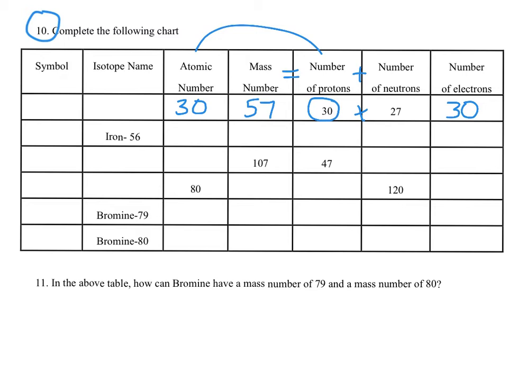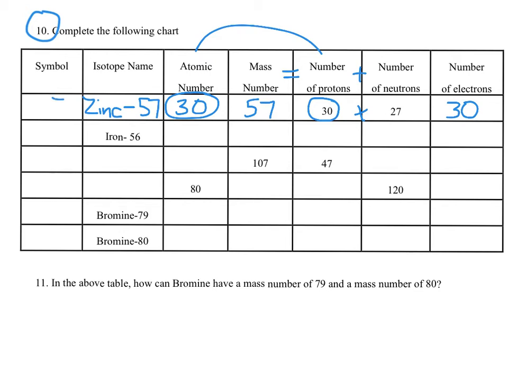Nice. Now that we figured all that out, we can start naming this object. Since the atomic number is 30, I'm going to look on the periodic table to find element 30. Element 30 on the periodic table is zinc. And when I write its name, I'm going to write zinc with its mass number after it of 57. Because that's its isotope name, I want to be specific about its name and its mass number.